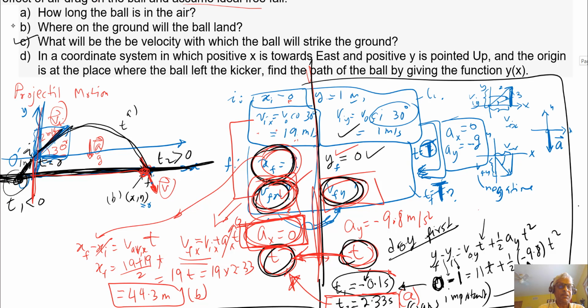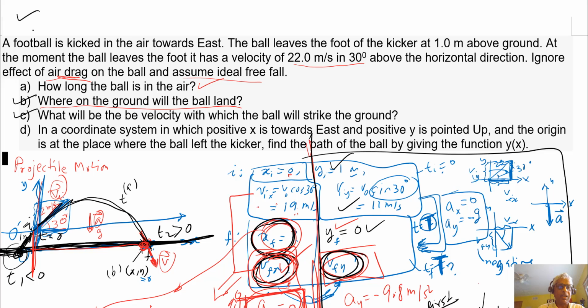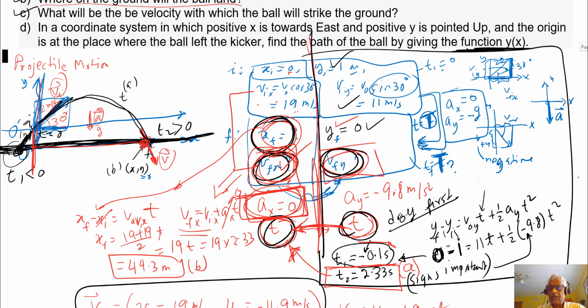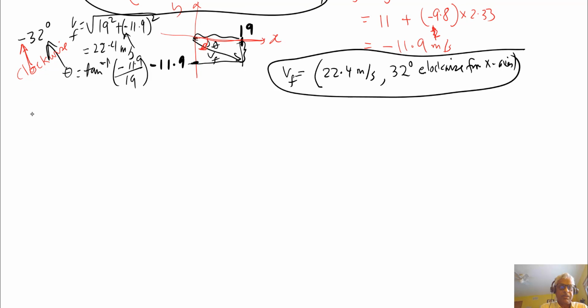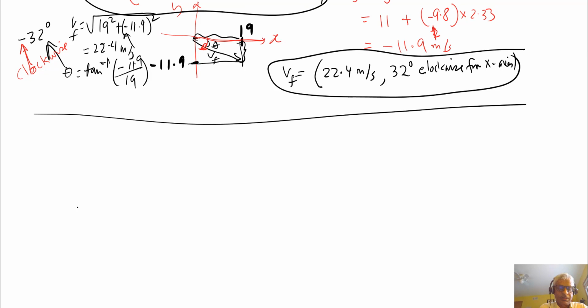So we've done part C, part B, and part A. Now part D: how do you get y as a function of x? Well, we found that over here it went like this.